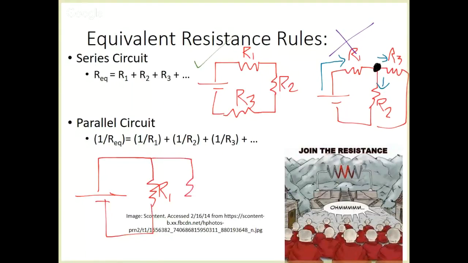But if I've got R1 here, R2 here, and let's go crazy and put R3 up here, then what really matters is the path from one junction to another.